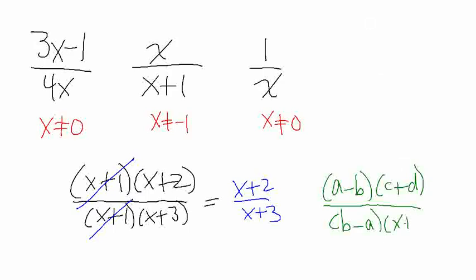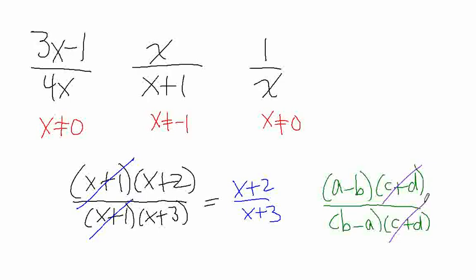Let's see what happens there. There's no problem canceling the c plus d's. They are the same on top and bottom. We factored the top and bottom, so we can go ahead and cancel those.